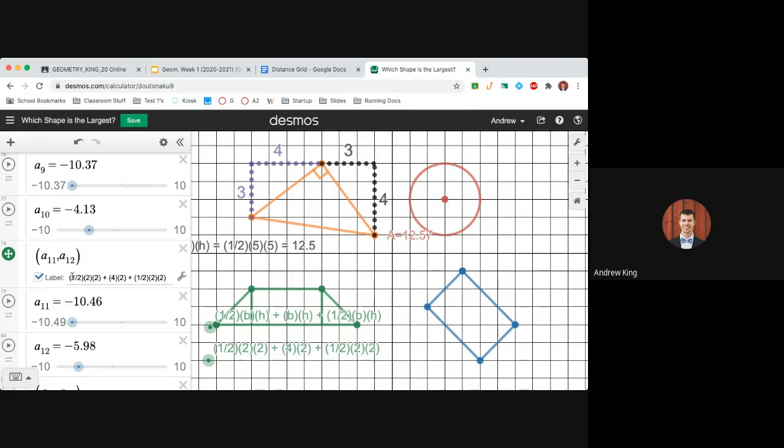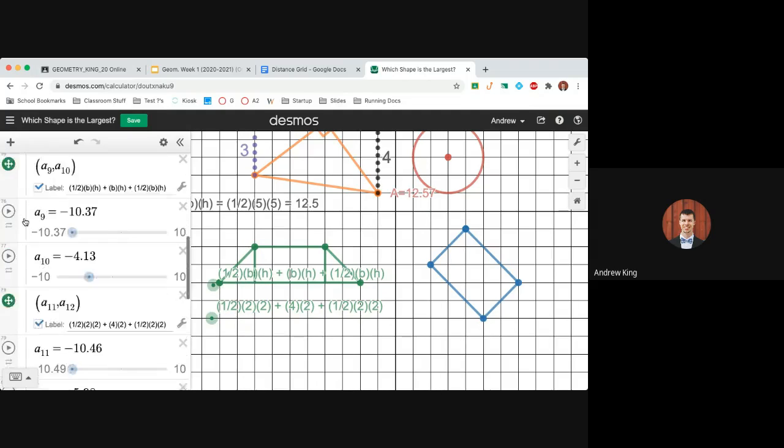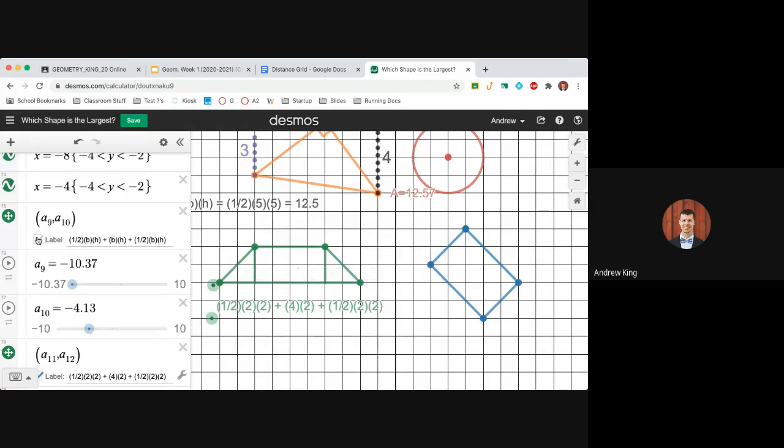And again, don't need to look on the left, just look on the screen here. The base and the height of these triangles are 2 each. 2 for the base, 2 for the height. Same thing over here, 2 for the base, 2 for the height. This rectangle has a base of 4 boxes and a height of 2.